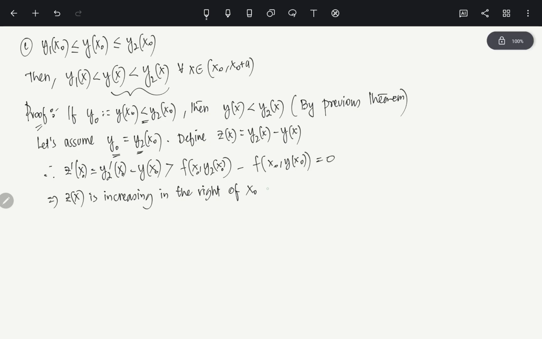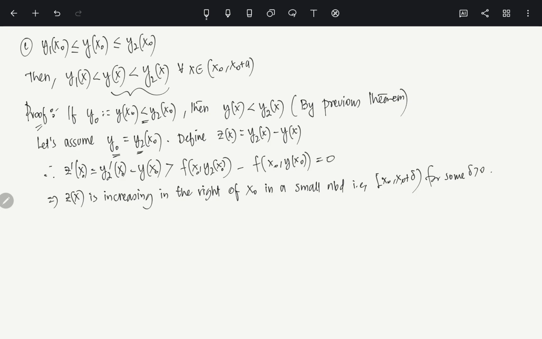It is increasing in a small neighborhood, let's say at x naught plus some delta, for some delta positive, small enough. Essentially what I'm trying to say is z prime at x naught is strictly positive. So what does that mean? It starts from x naught, so at least for some time it has to increase, for some delta.